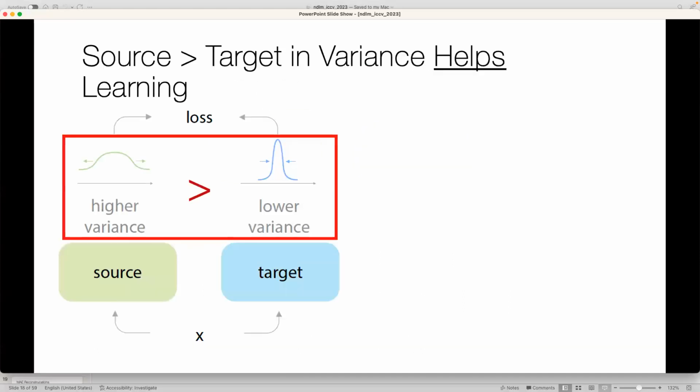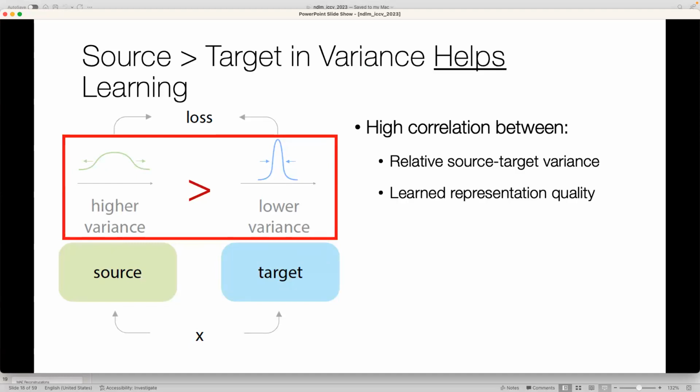So the main takeaway from our study is that this variance, I'll define the variance later, should be relatively higher on the source side, and relatively lower on the target side.